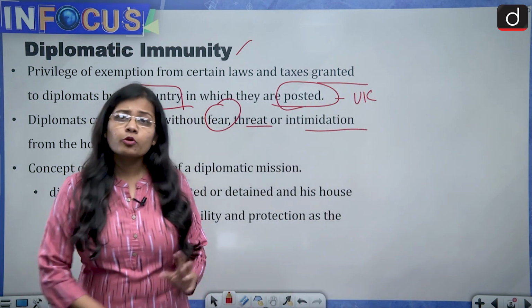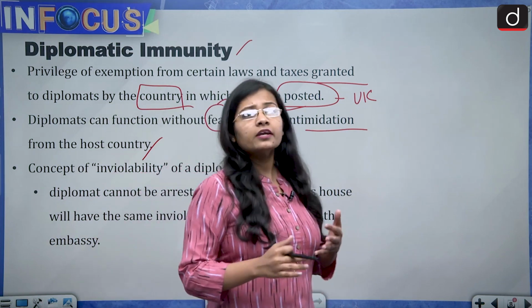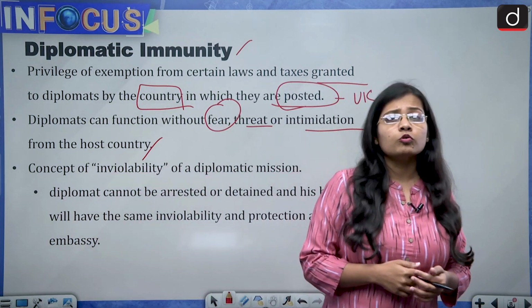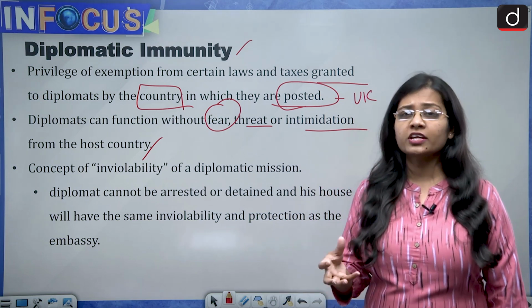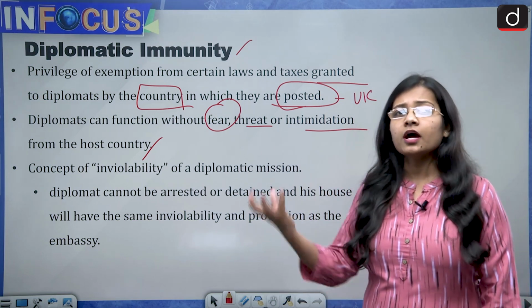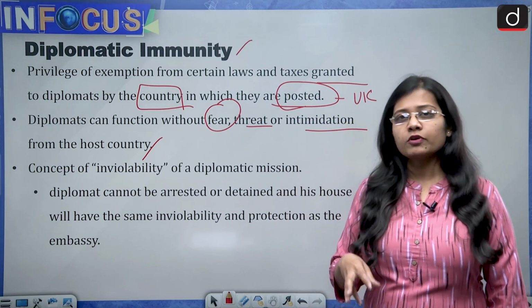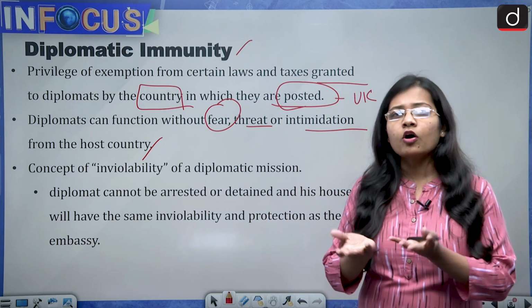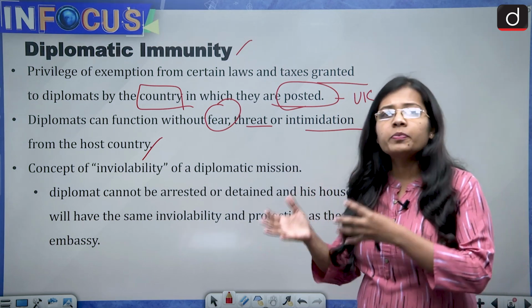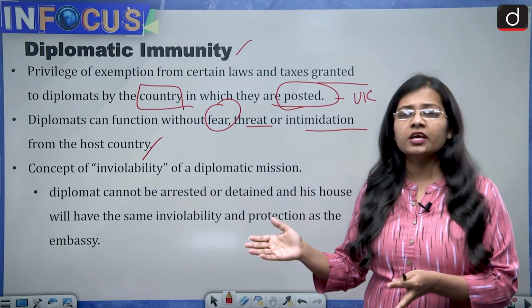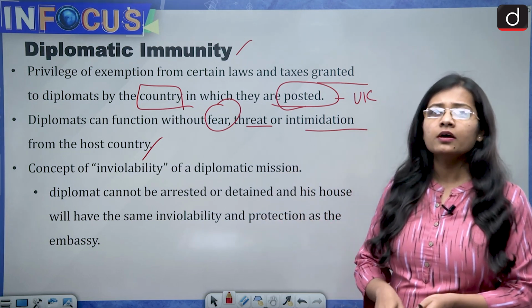Because if the diplomats worked under fear and were intimidated by the host country, then the work of the diplomat wouldn't be objective and wouldn't be transparent. Then the influence of the host country would always be there on the work of the diplomat, which the diplomat is doing on behalf of some other country.